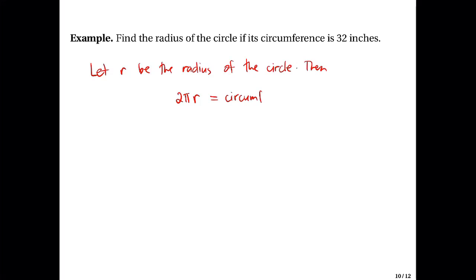This is the circumference, but the circumference is given to be 32 inches. So we only need to solve for r. Thus, r is equal to 32 divided by 2 pi, or 16 over pi inches.